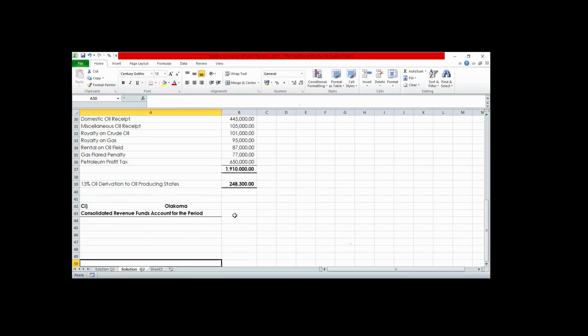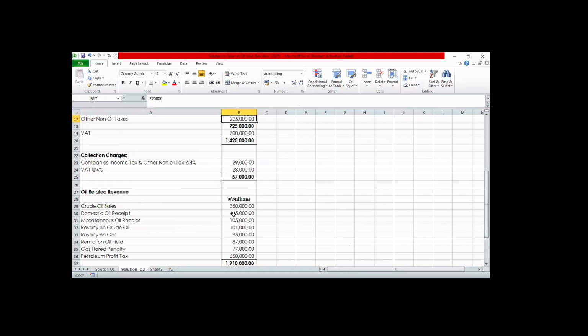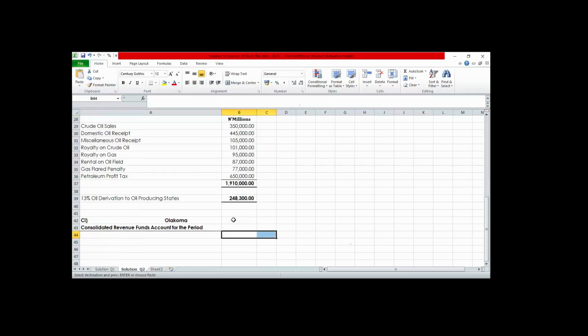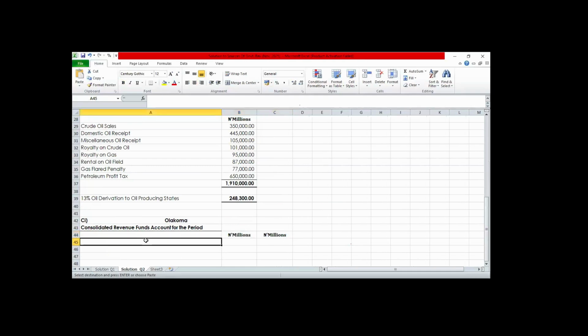Now, on this part, let's look at the revenue in this account. What are the likely revenues that are meant to appear here?